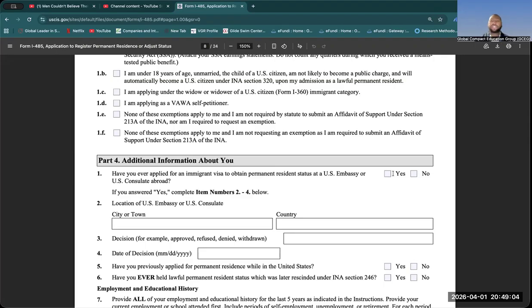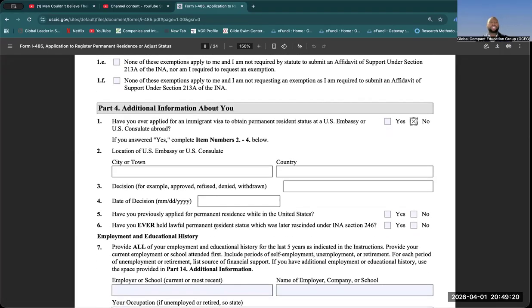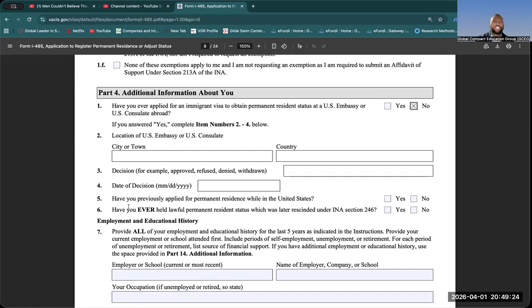In most cases, you've never applied for permanent residence at the US Embassy or US Consulate abroad. But if you have, then that's a yes. Then you put information details here: location of the US Embassy or US Consulate, the decision, date of decision. Have you previously applied for permanent residence? You complete these.